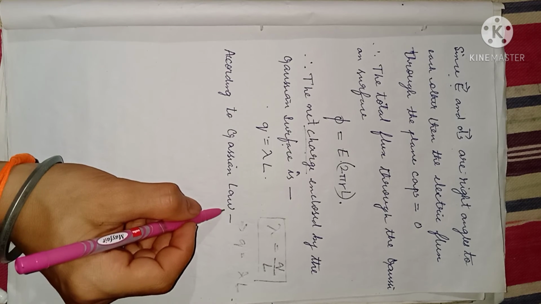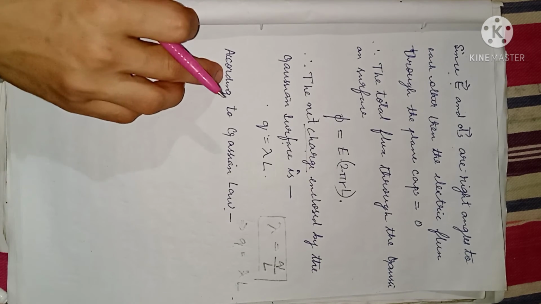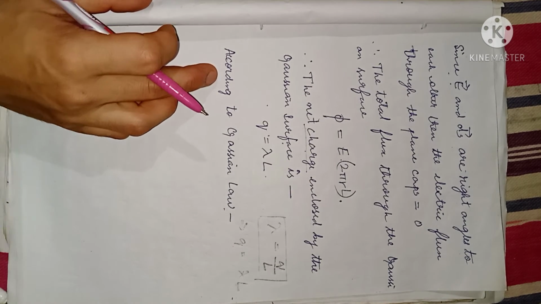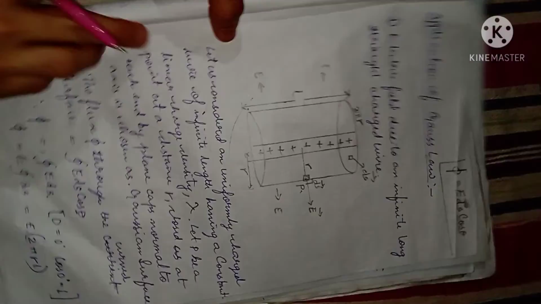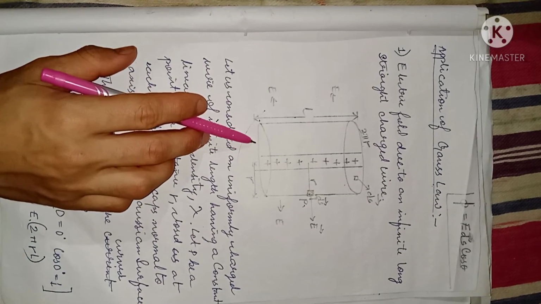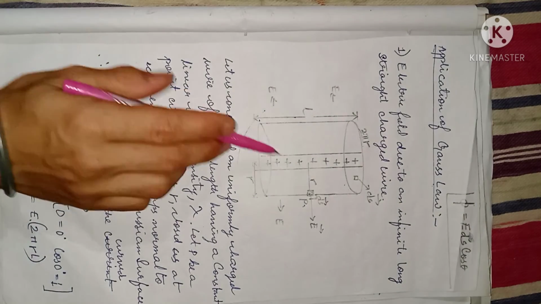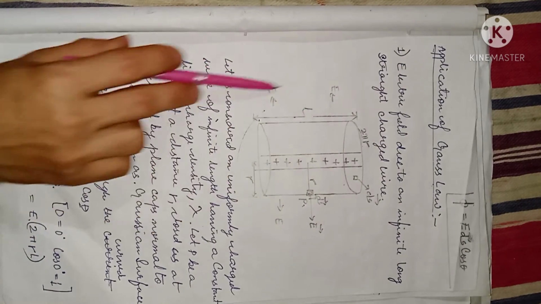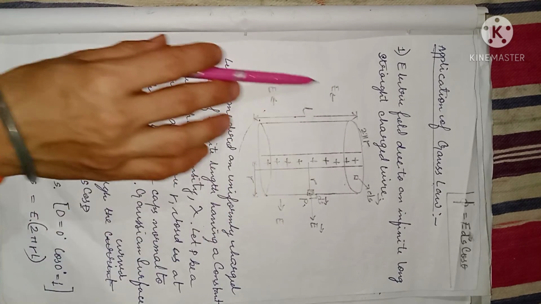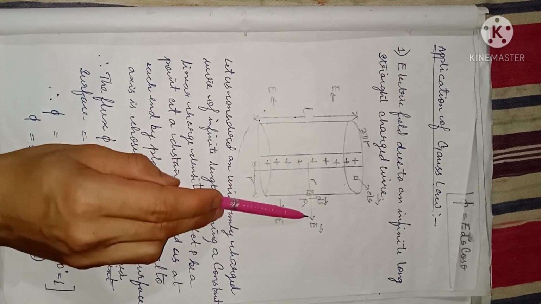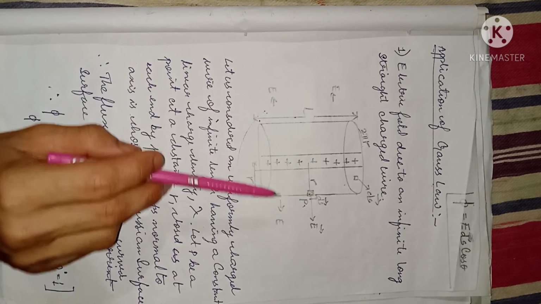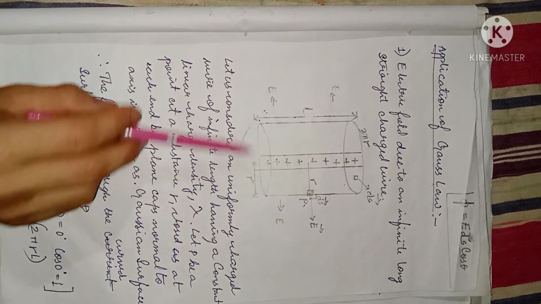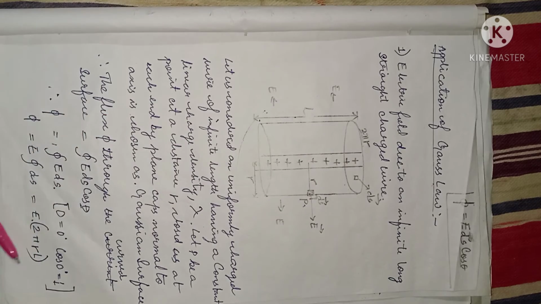According to Gauss law, we have already learned, isn't it? Here look at the diagram carefully. Gauss law states that the total flux of the electric field E over any closed surface is equal to 1 by epsilon naught times the net charge enclosed by the surface.